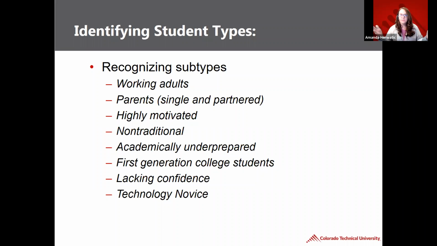We have students across the spectrum from being highly motivated to maybe lacking some confidence, maybe being academically underprepared. Even though we are primarily an online institution, we even have students who are technology novices, not just in terms of basic computer knowledge, but specifically learning how to navigate our learning management system and other tools here at CTU. So these are the kinds of types that we have developed.